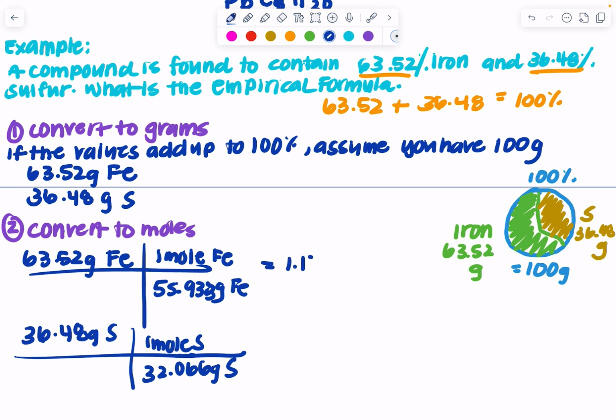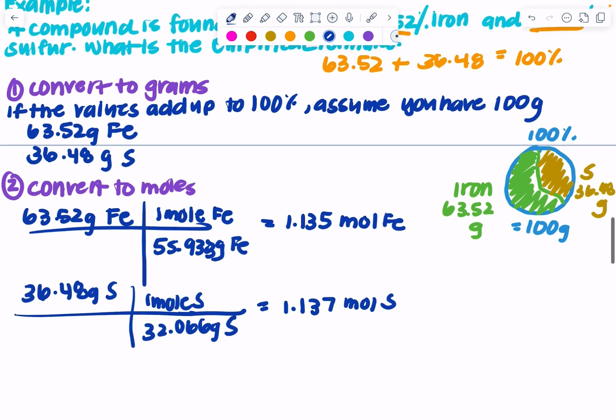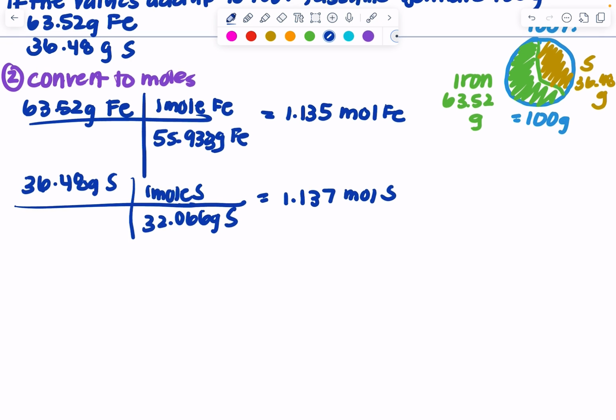This gives us 1.135 moles of Fe. This gives us around 1.137 moles of sulfur. Again, it should be obvious what the empirical formula is, but our last step is we're going to divide by the smallest amount.